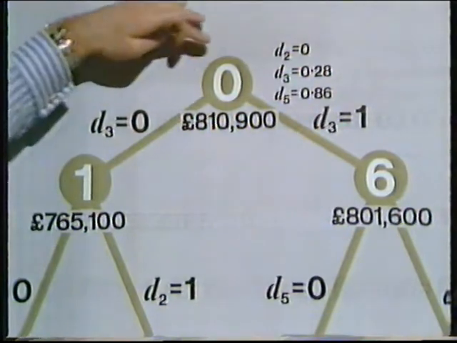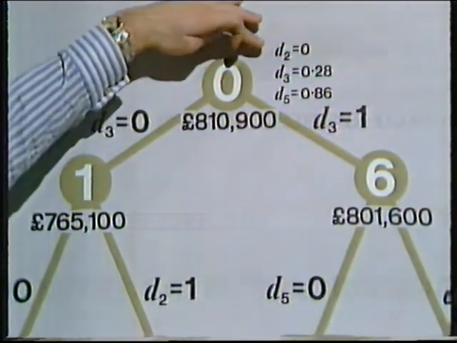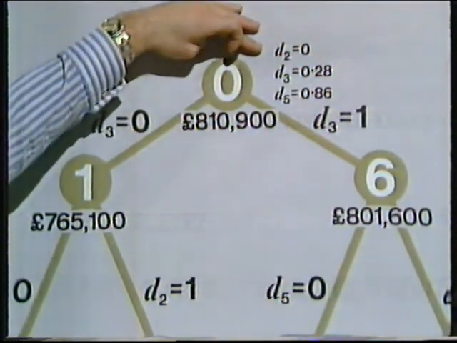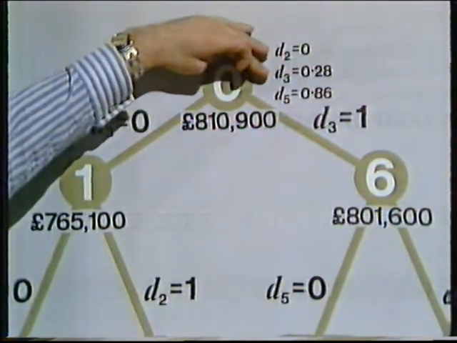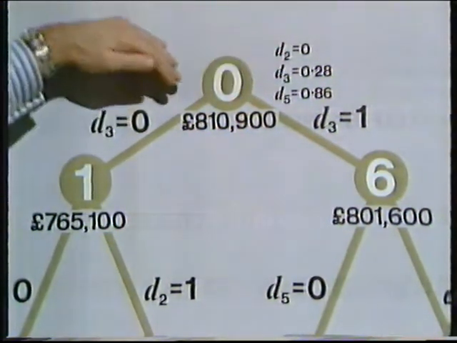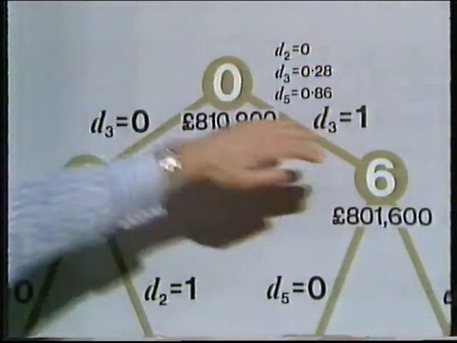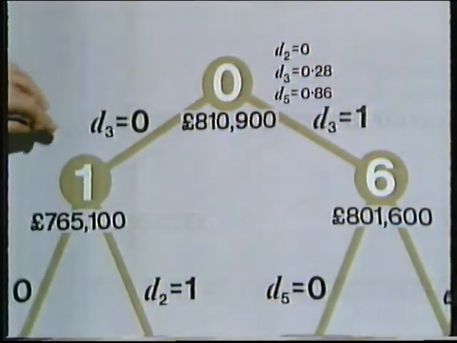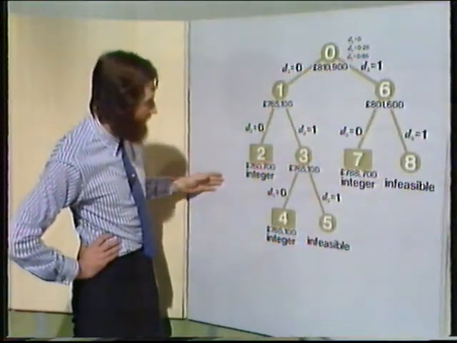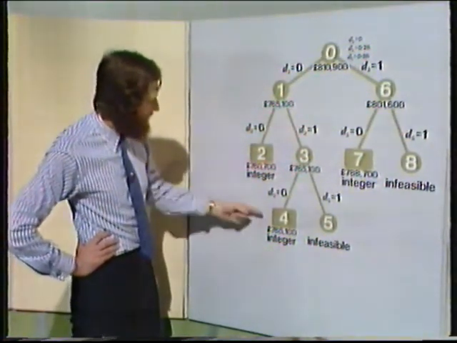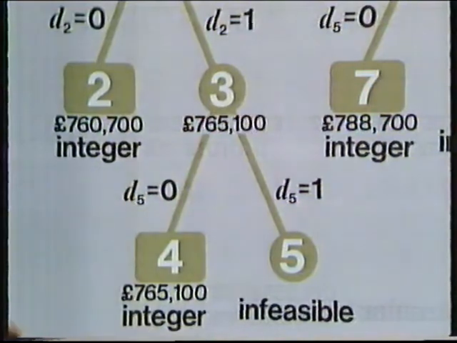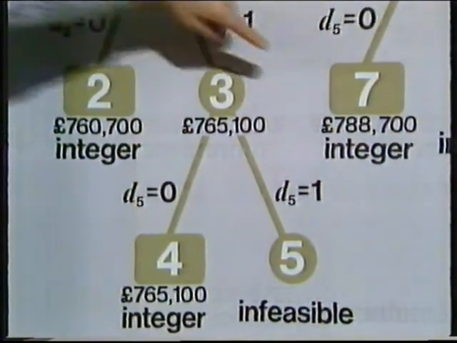My branching strategy was to look at the integer variables in turn. D2 had an integer value, so I didn't branch on that. D3 had a fractional value, so the first branch was on D3. Coming down the left-hand side, this was the first problem I solved. And eventually I generated all these problems. I got to 3 integer solutions, and the overall solution is in fact this one over here.